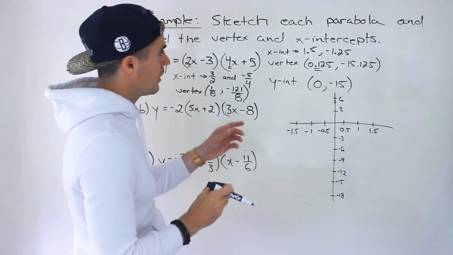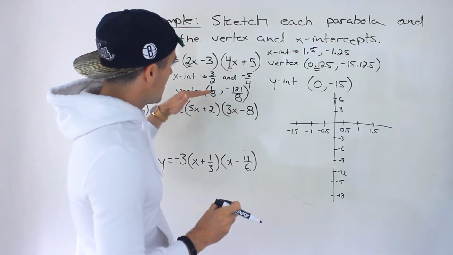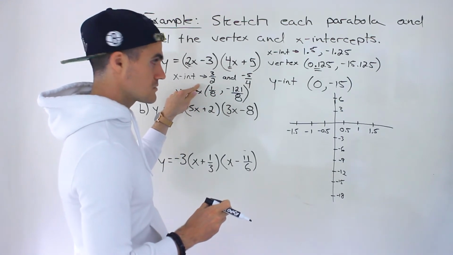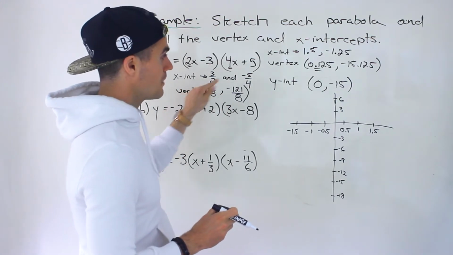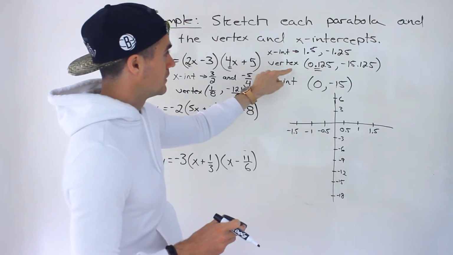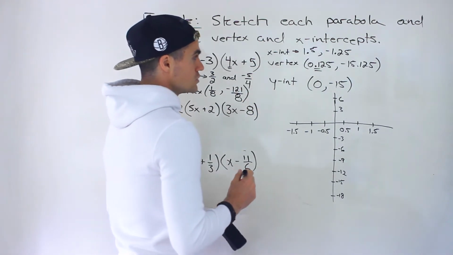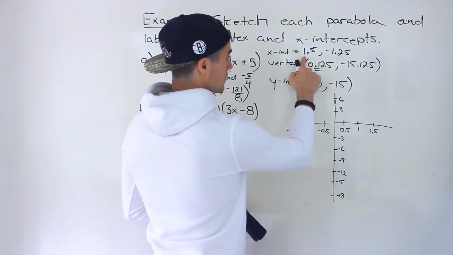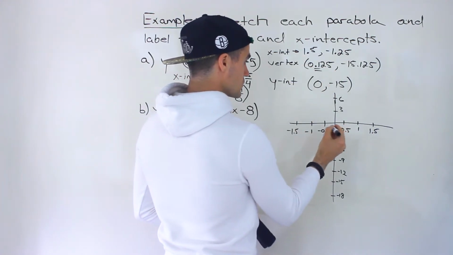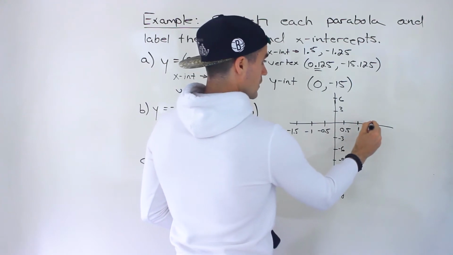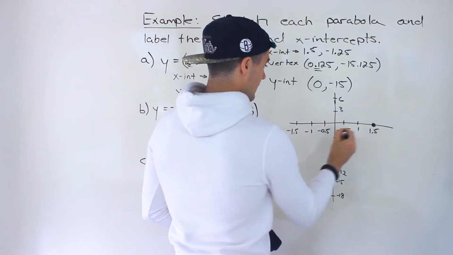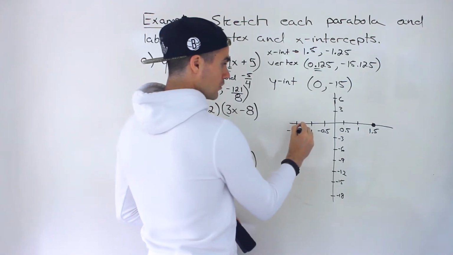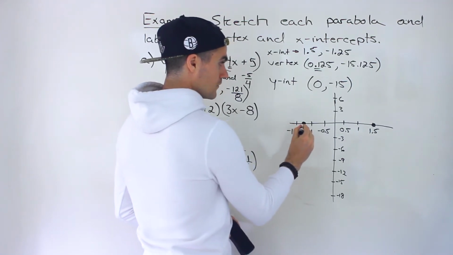So again, when plotting, maybe you want to label with the fractions. Maybe your teacher will require that, but plotting it, it may be better to do with decimals. So the two x-intercepts are 1.5 and negative 1.25, so we'll have 1.5, which is over here, and then negative 1.25, which is in between negative 1 and negative 1.5, so that's going to be like over here.